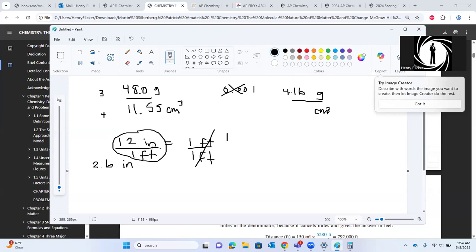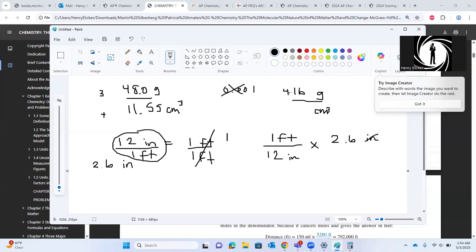This won't actually work though, because you have to cancel units. But what's awesome about these conversion factors is you can flip them. So it's just as correct to say 1 foot is 12 inches the other way. No problem. So we're going to multiply by our 2.6 inches. Okay. And notice that, so we got our conversion factor, we're multiplying what we're trying to convert.